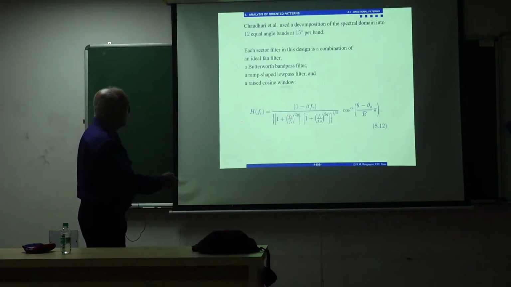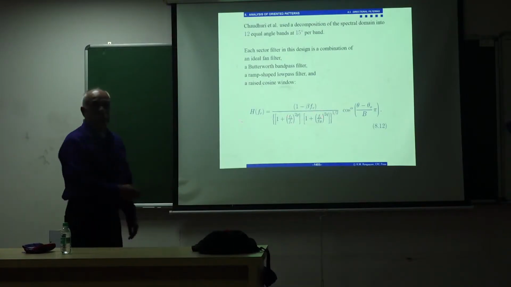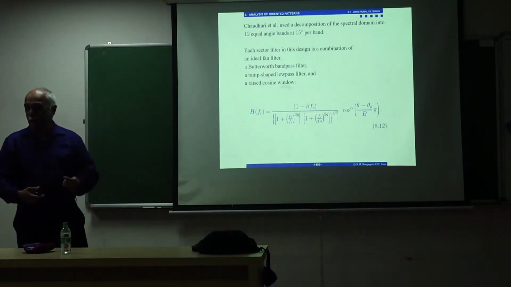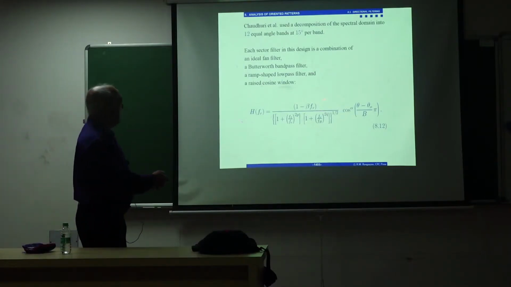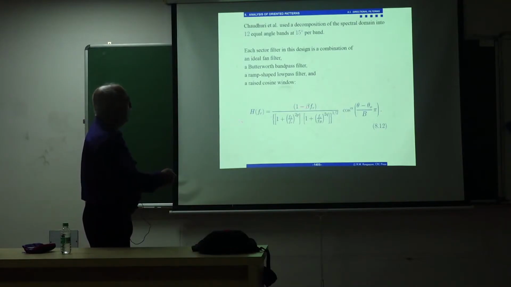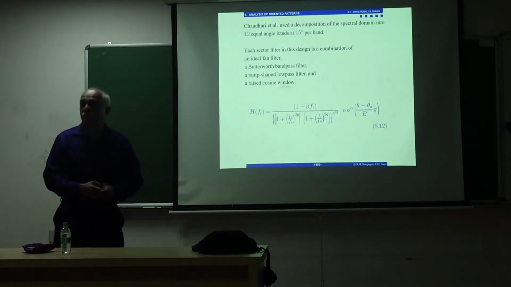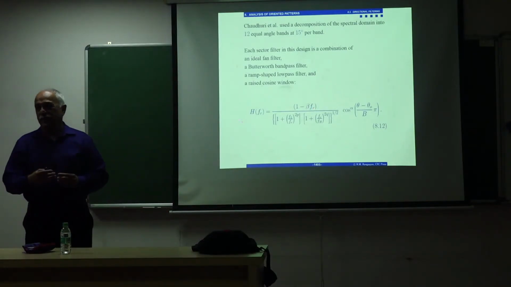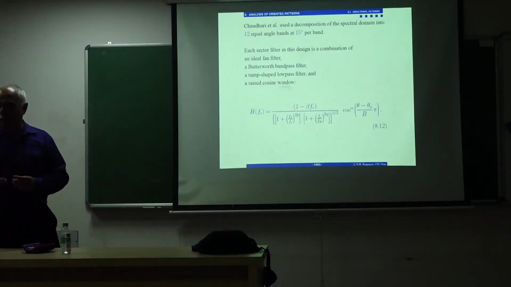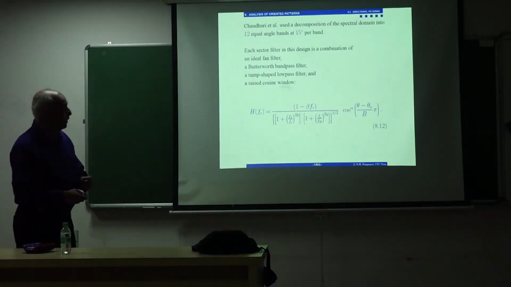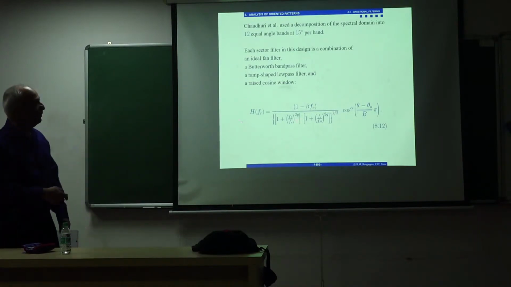So there is a low pass filter and a high pass filter, and that combined will give you a band pass filter. And then there is a ramp here. It's a ramp with 1 minus beta FR. FR is the radial frequency. So it reduces. So it's suppressing some high frequency components. We have a low pass filter, but still we are putting another filter on top of that.